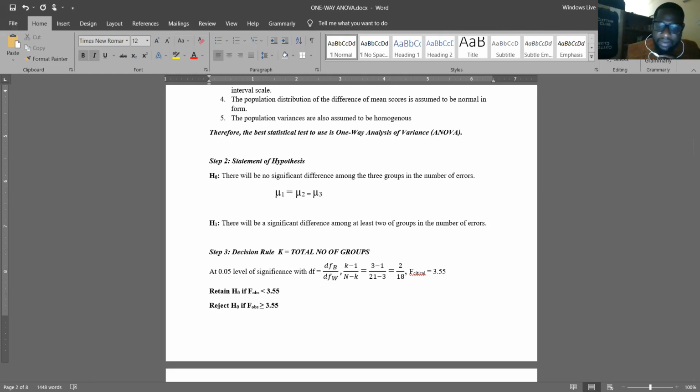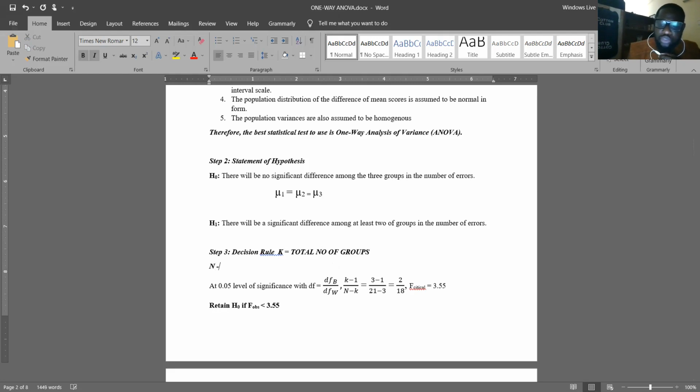Then capital N represents the total number of participants in all the groups. That's what N, or big N, represents.